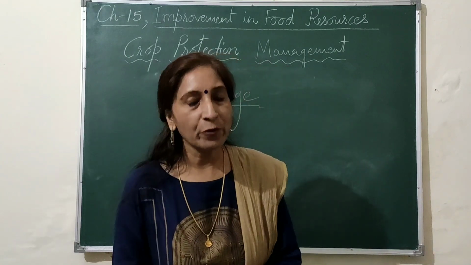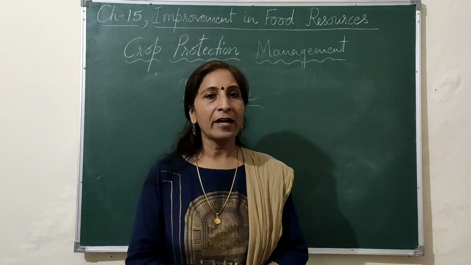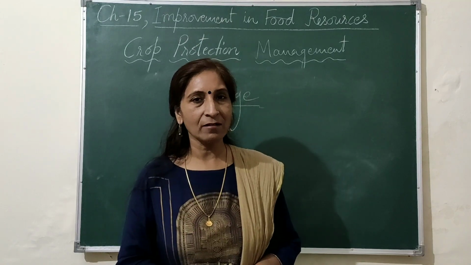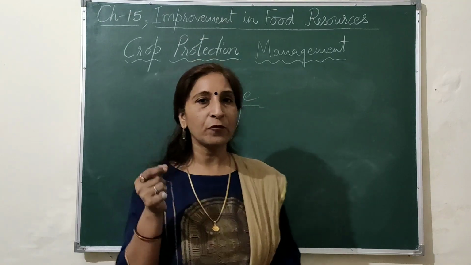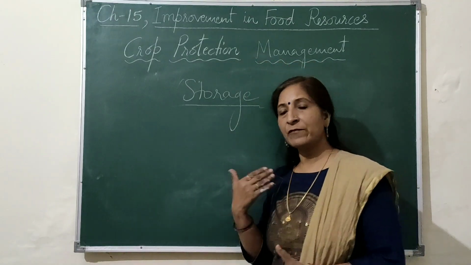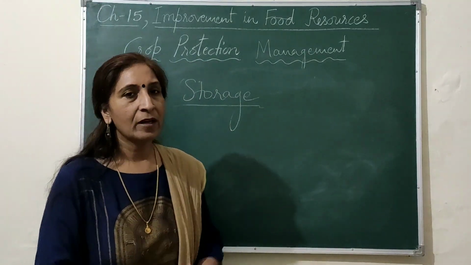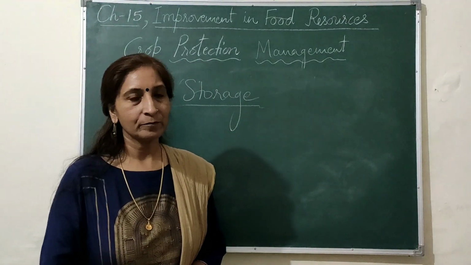So children, these storage houses are dried properly, cleaned properly, and their proper fumigation is done. In fumigation, the poisonous fumes, the gaseous sprays are used so that we can kill the microbes or the insect larvae or the insect eggs to prevent their growth.